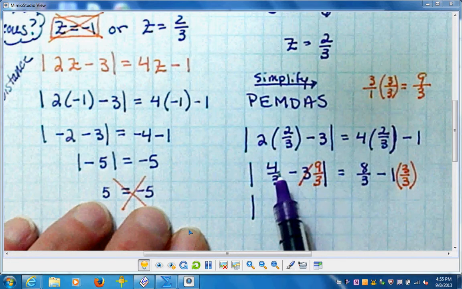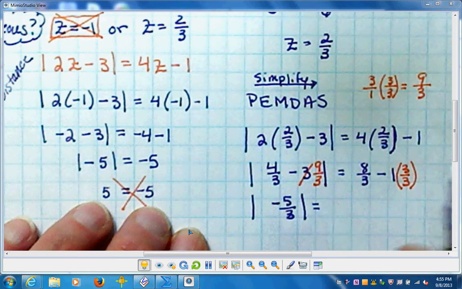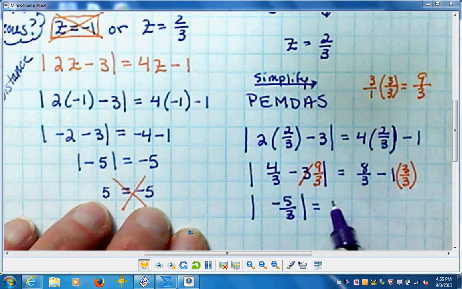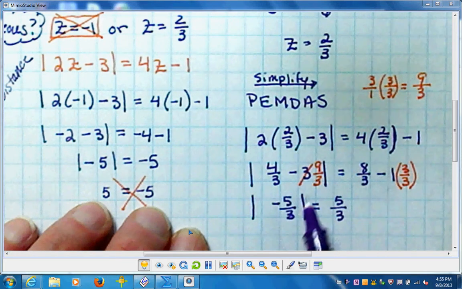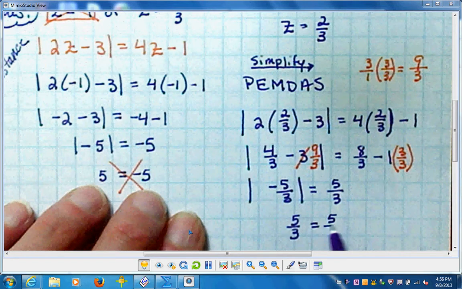So this is 4 minus 9, which gives me negative 5 over 3. And this is going to be 8 minus 3, which is going to give me 5. And then the denominator is 3. So the absolute value of negative 5/3 is 5/3. And that equals 5/3. That one works.